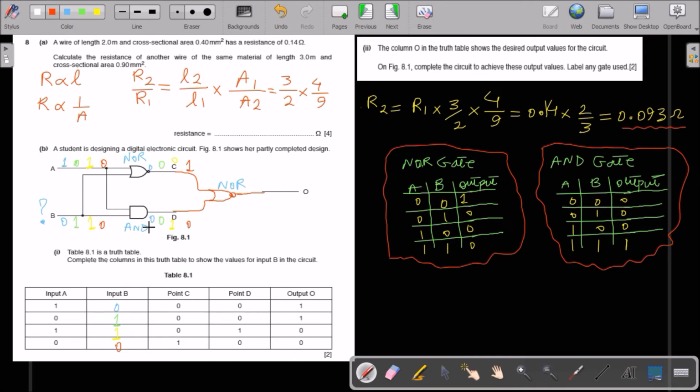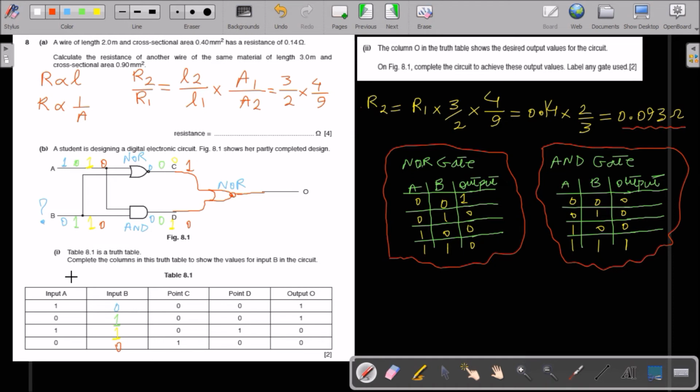Look at only blue digits. So input A, C, and D are given. Input A is 1, input B is not given, output C is 0 and output D is 0. So you should find input B for blue digits.